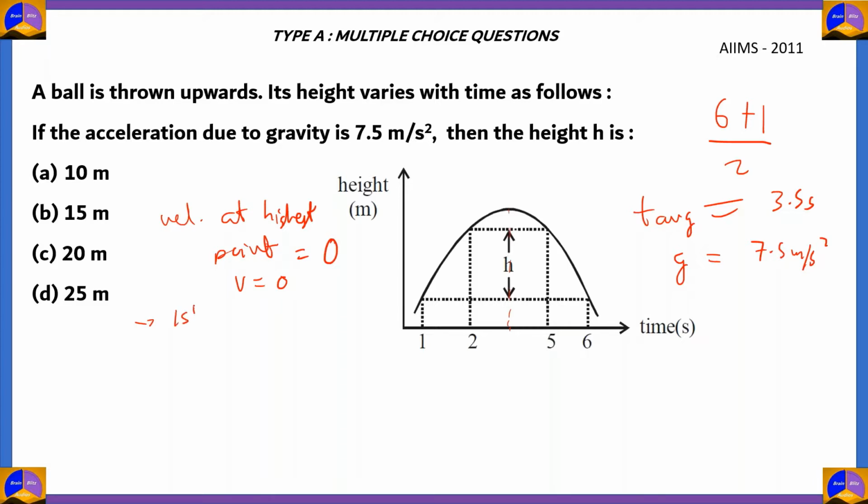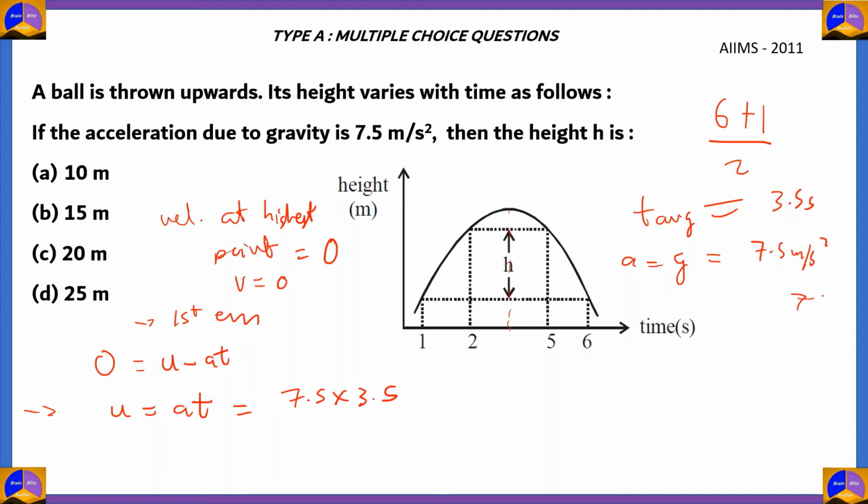So using the first equation of motion, we know that 0 is equal to u minus at. We take at to the other side, so we get the relation u is equal to a times t. Multiplying a and t together, here a is equal to g is equal to 7.5 meters per second square. So that is 7.5 into 3.5.